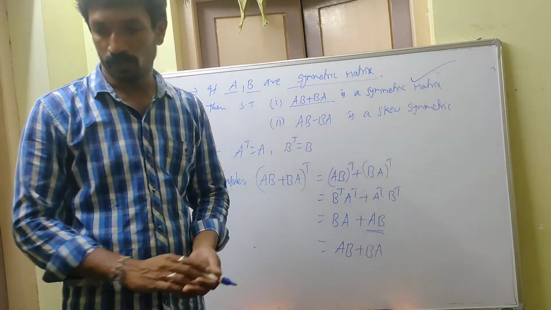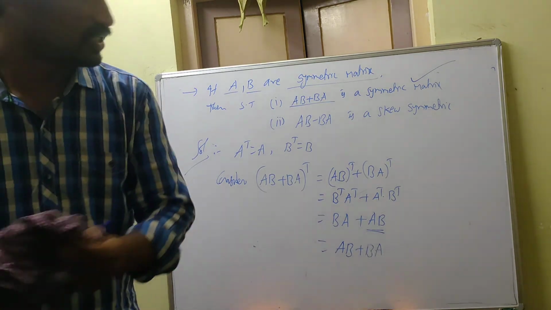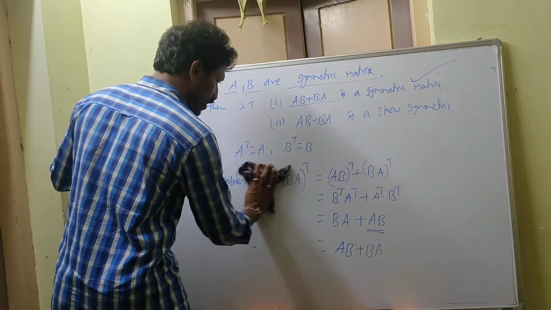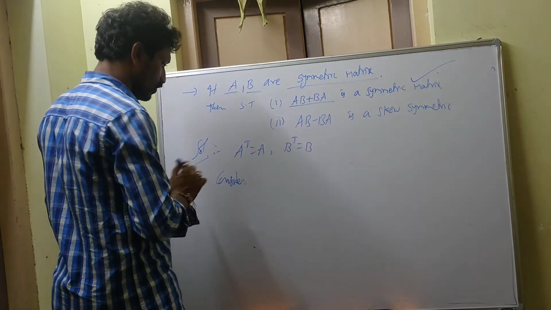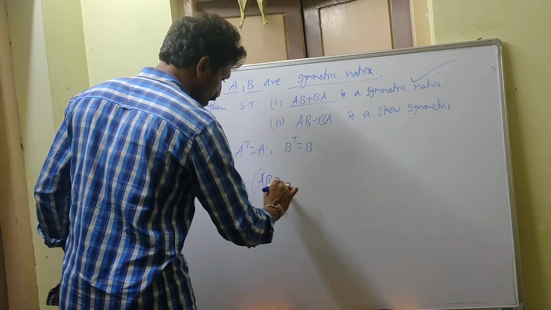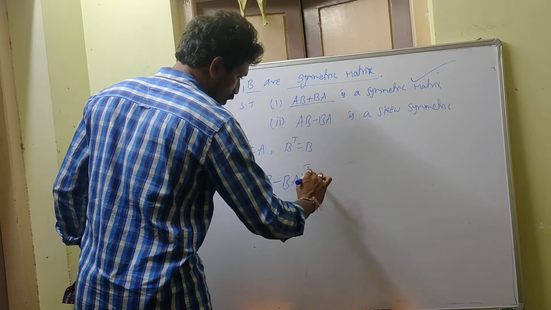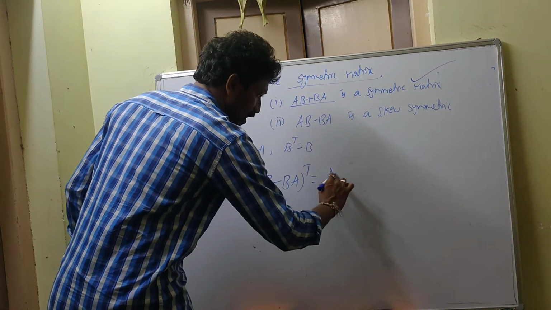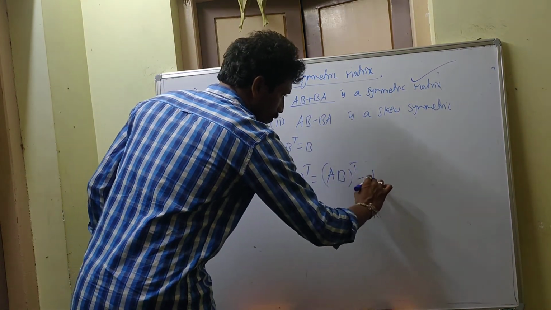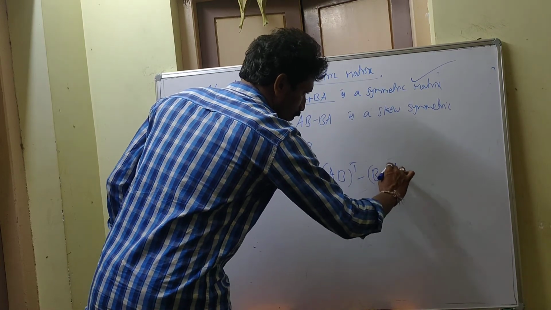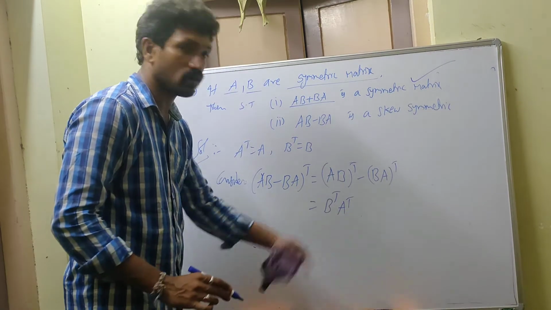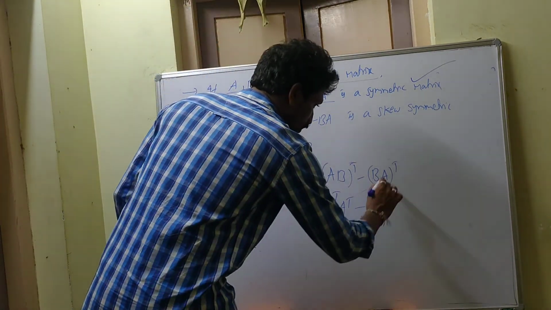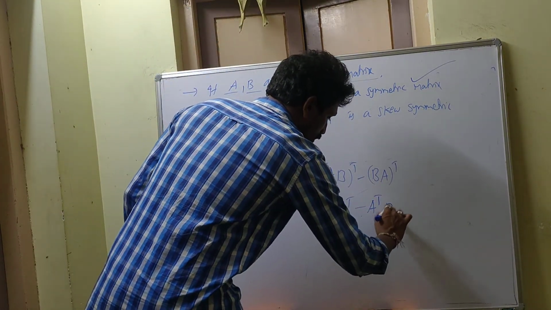Similarly, if you want to prove AB minus BA is skew symmetric, take AB minus BA whole transpose. Same procedure: AB whole transpose minus BA whole transpose. AB whole transpose is nothing but B transpose into A transpose, and BA whole transpose is A transpose into B transpose.